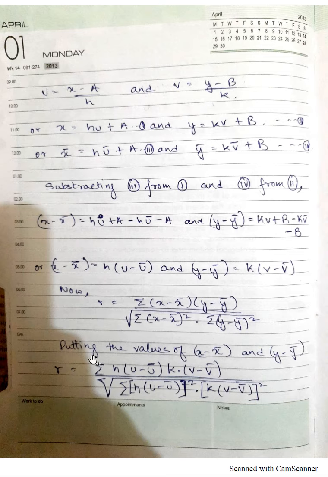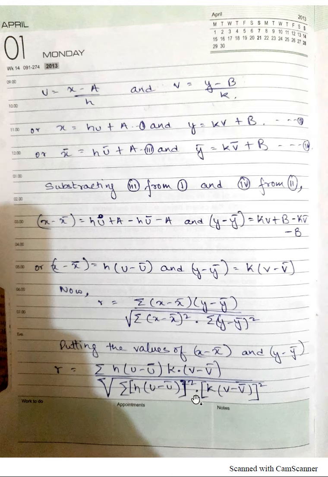Okay, so putting the values of x minus x bar and y minus y bar, we get r is equal to summation h into u minus u bar, summation h into u minus u bar into k into v minus v bar divided by under root summation h into u minus u bar whole square into, here it should be a summation.